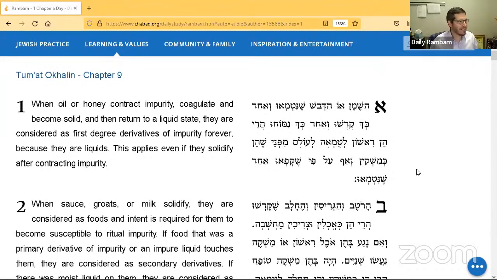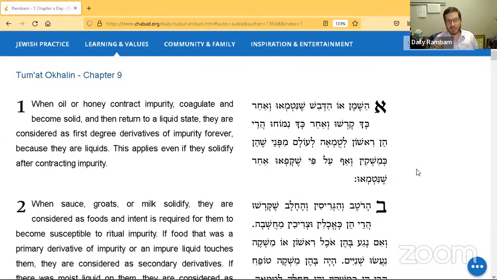We'll go straight into the halacha. First halacha, chapter 9: when oil or honey contract impurity, coagulate and become solid, and then return to a liquid state. Here's the thing, just to explain why it's critical to understand this. Liquid will always be a rishon l'tumah, an initial stage of tumah.